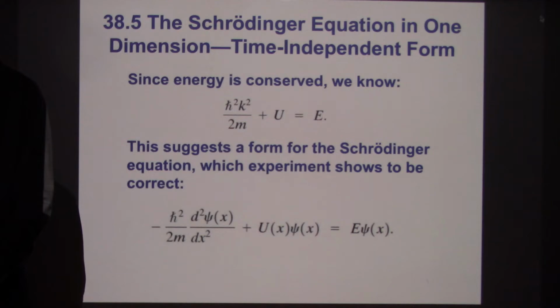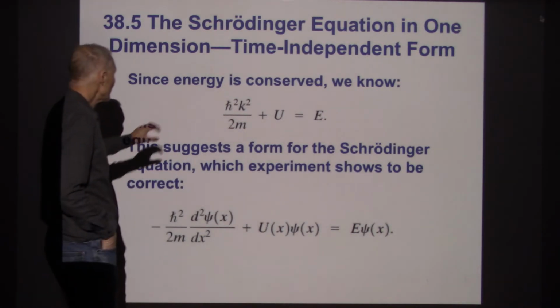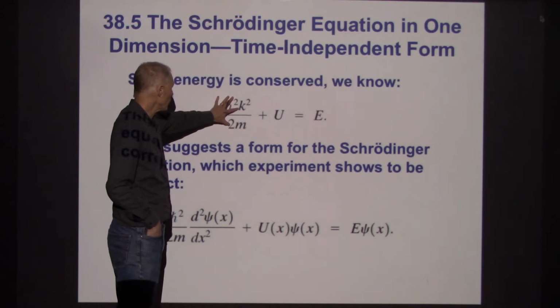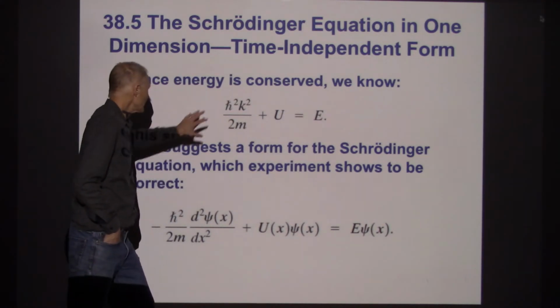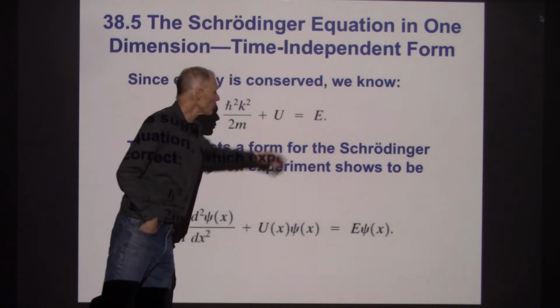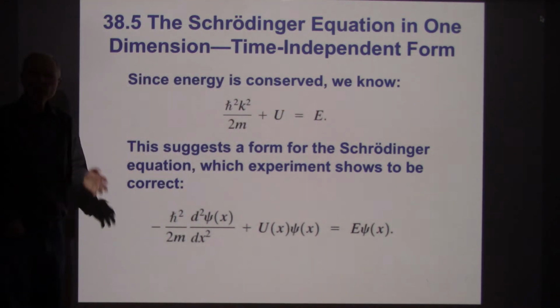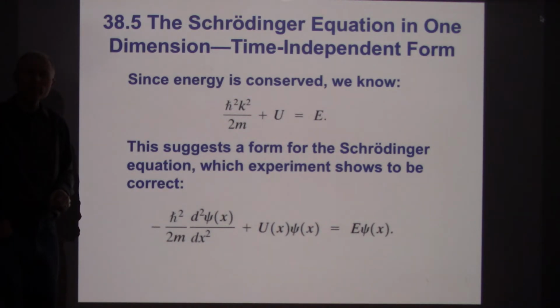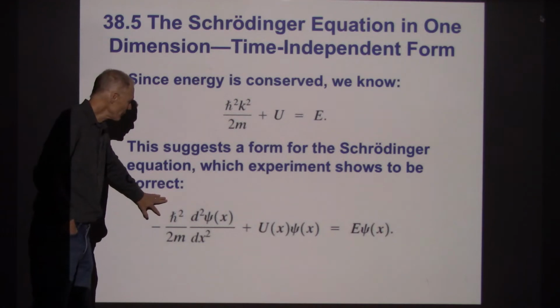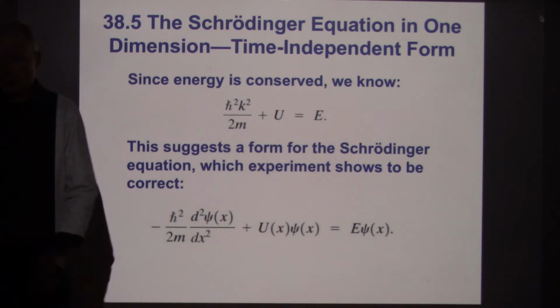Here is what the Schrödinger equation is based on: the idea that this is kinetic energy written in terms of wave numbers, and kinetic energy plus potential energies equals something we call total energy, but it's not the total energy from relativity. It's the classical total energy. That gets rewritten as Schrödinger's equation.